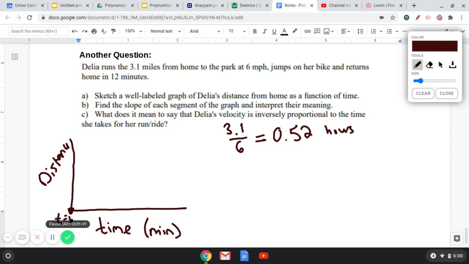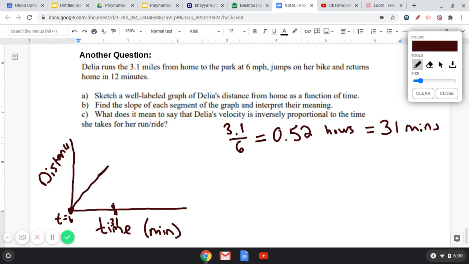So we'll say this is 31 minutes exactly. So she took 31 minutes to go from home to the park. So I'm just going to mark that here. Let's say this is 31 minutes.